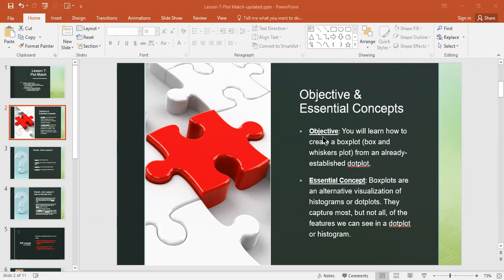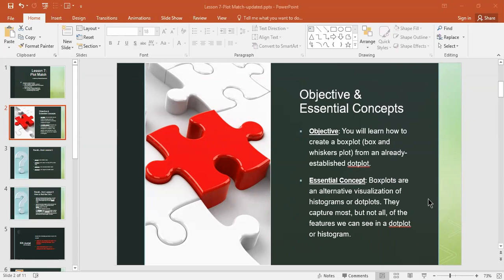dot plot, okay? Now, the essential concept for today, the takeaway, is that box plots are an alternative visualization of histograms or dot plots. They capture most, but not all, of the features that we can see in a dot plot or a histogram.